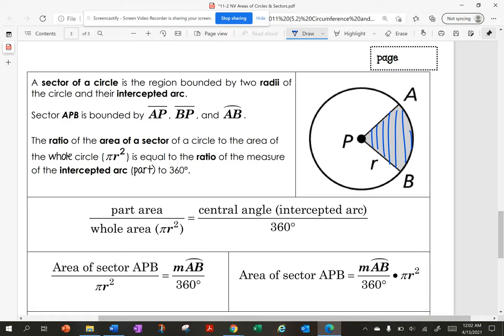The area of a sector is proportional to the area of the whole circle, and it's related to it based on the central angle. So the sector divided by the whole area is equal to the central angle divided by the whole degrees of 360 degrees.